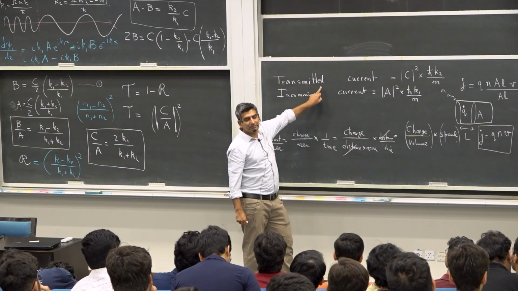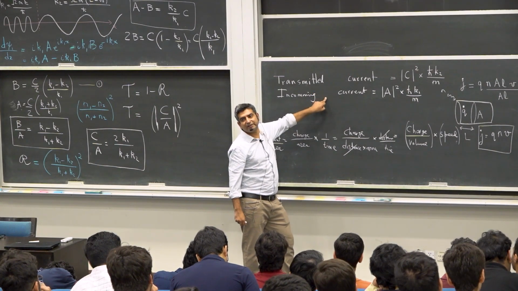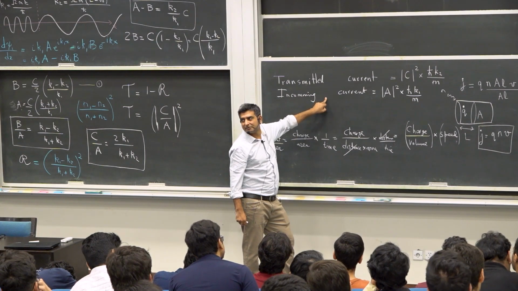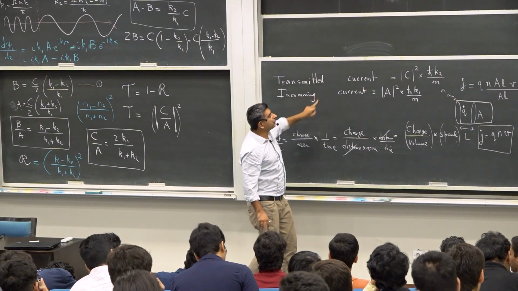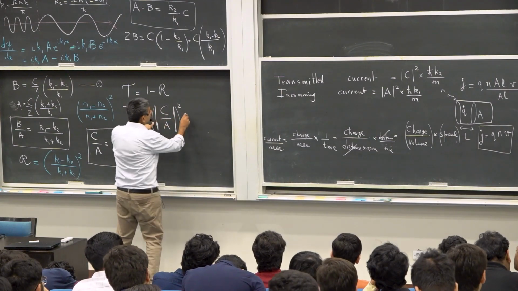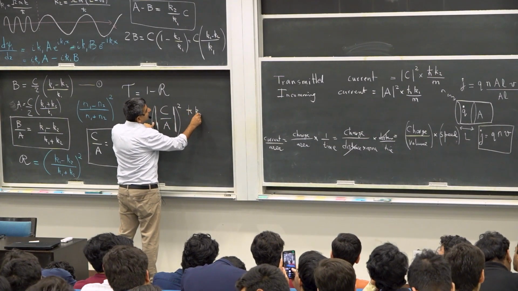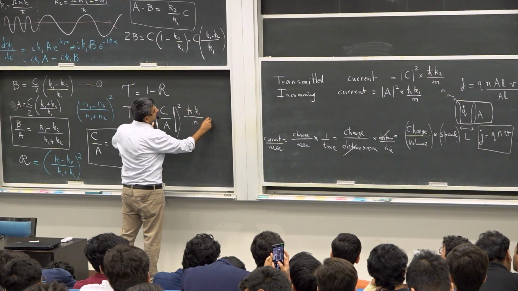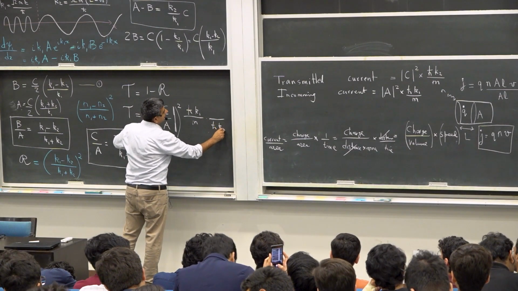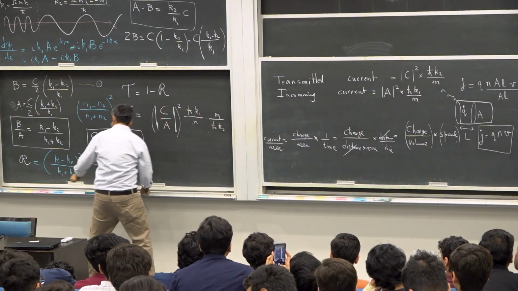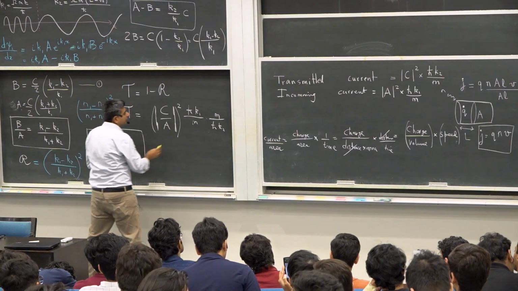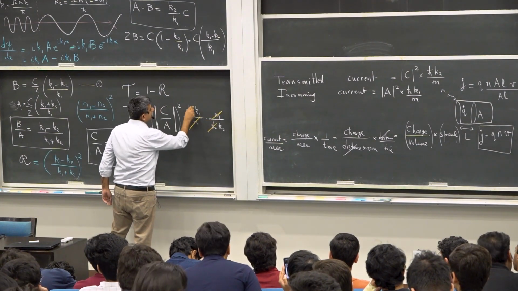In quantum physics these are called probability currents. So for the ratio, you really have to multiply this with h bar k2 over m and divide by h bar k1 over m. Now the m's go away, h bar goes away.